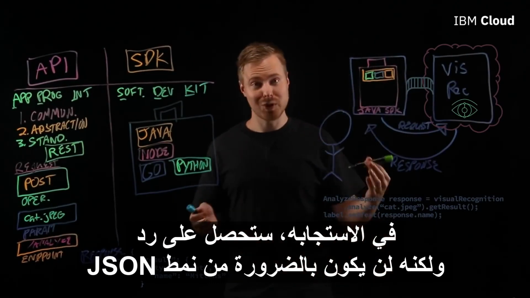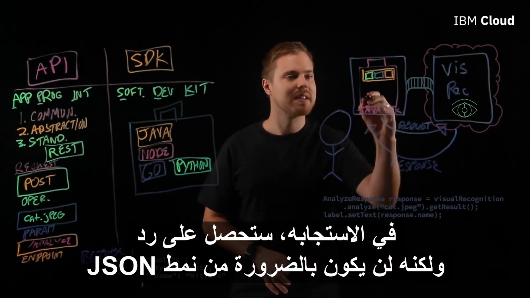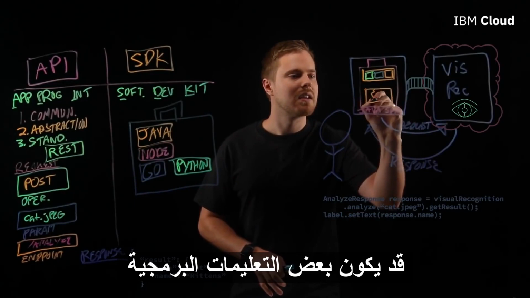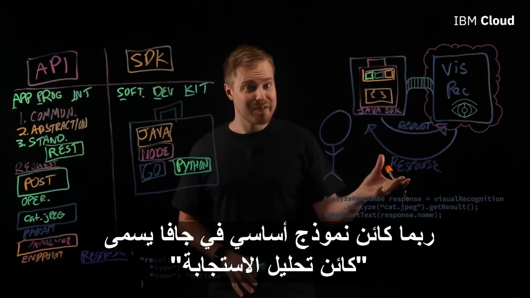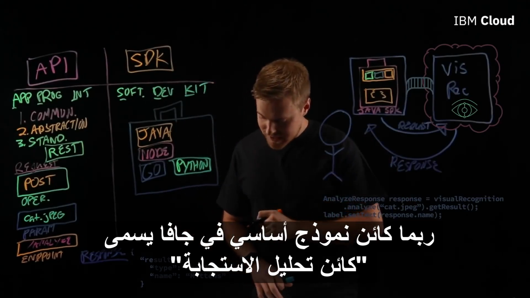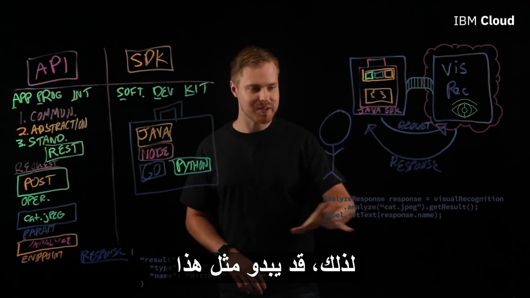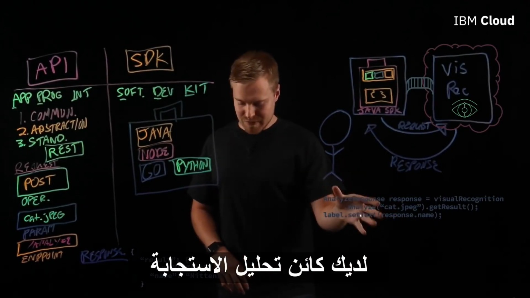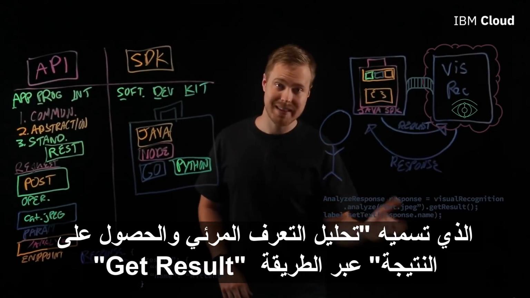In response, you'll get a response, but it won't necessarily be a JSON object. It might be a native model object in Java called an analyze response object. So the code might look something like this. You have an analyze response object that you call the visual recognition analyze and get results method.